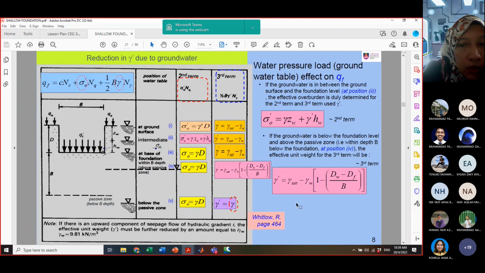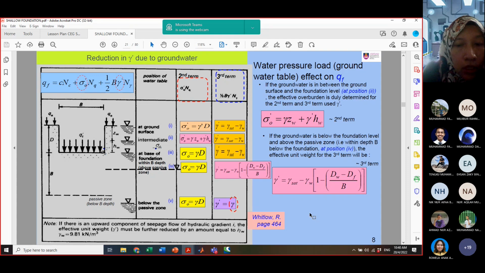So mostly gamma water kita akan ambil 9.81 lah. So lebih kemas kita pakai 9.81. So I don't want every one of you ada yang guna 10 lah, ada yang guna 9.81.